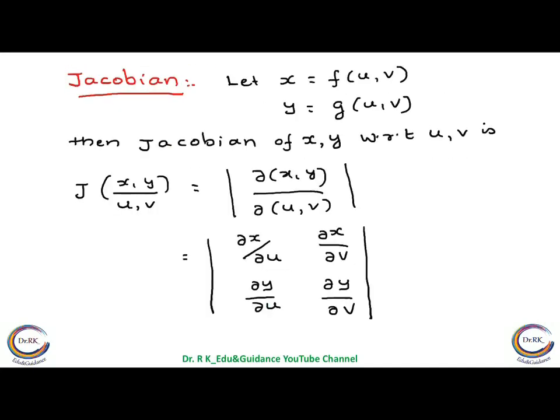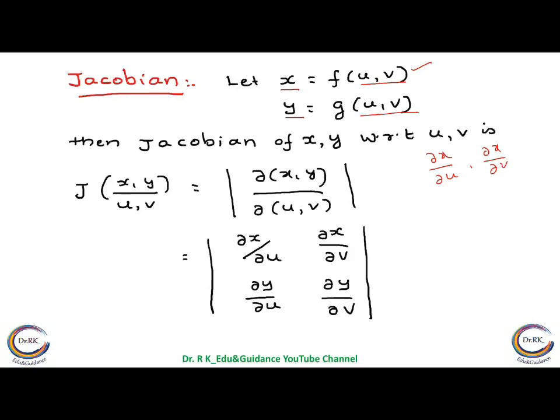Let x be a function which depends on u and v, that is u and v are independent variables, x is a dependent variable. Similarly, y, which depends on u and v, right? Now from this we understand, if we want to find derivatives, we can find derivative of x with respect to u, derivative of x with respect to v, because x depends on u and v.